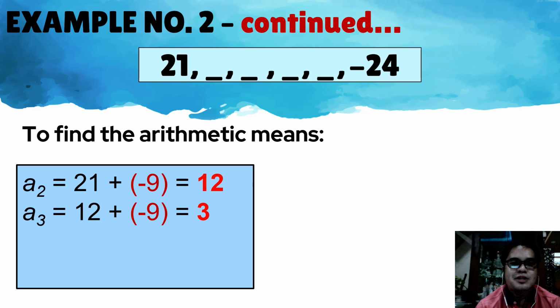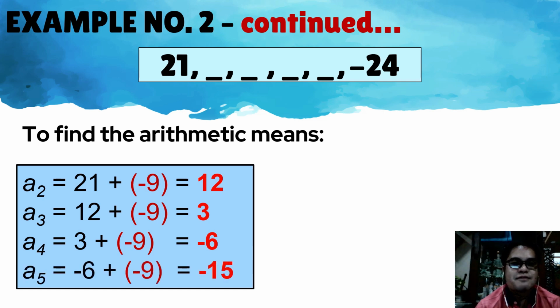To get a sub 3, use the value of a sub 2, which is 12, plus negative 9 equals 3. To get a sub 4, use the value of a sub 3, which is 3, added to negative 9, it is equal to negative 6.